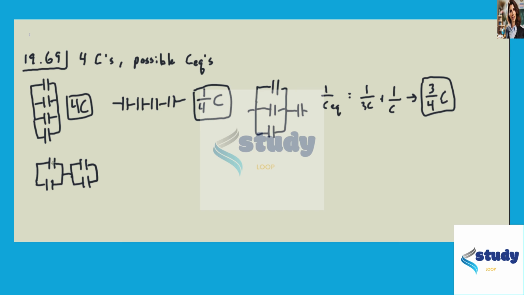And since if you have 2 identical capacitors in series, the equivalent capacitance is 1/2 that. And this works out to just be C, because you have 2C divided by 2.